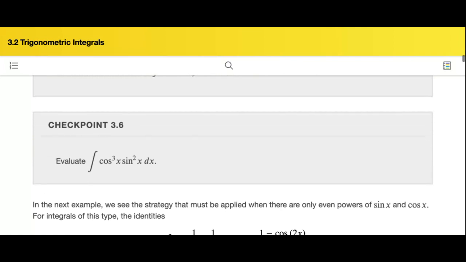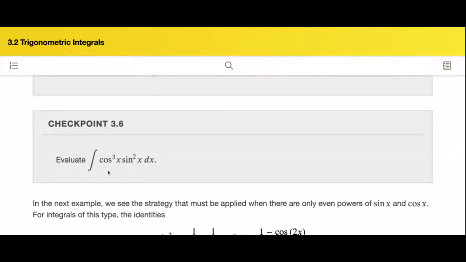All right, you try this one. Okay, you try 3.6.